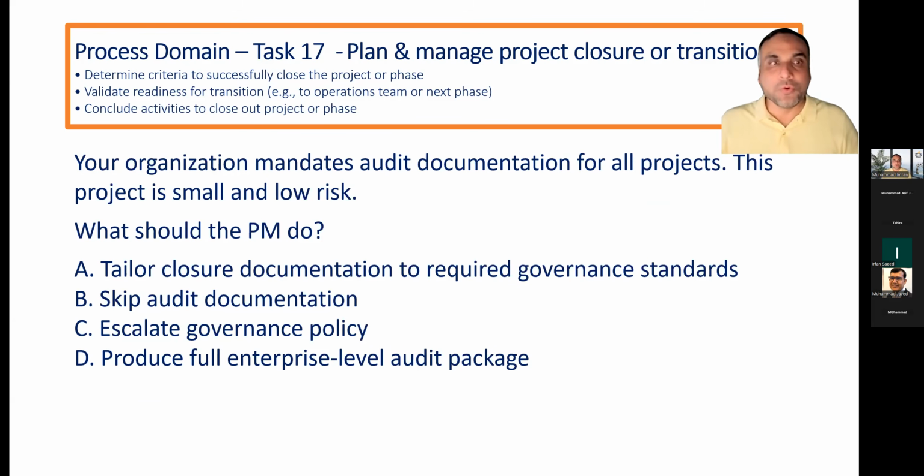Next, your organization mandates audit documentation for all projects. This project is small and low risk. What should the PM do? So yes, the answer is quite visible, quite vivid.